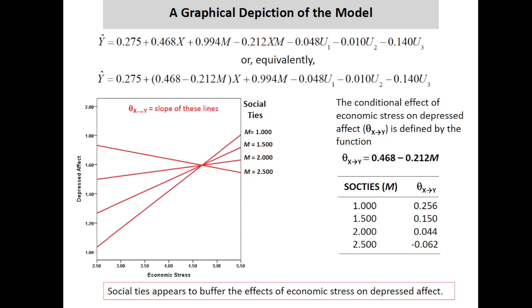Now notice there are 2 terms involving x in this model. So I'm rewriting this equation this way by grouping x and then isolating x. So I'm factoring x out of 2 of the terms. The reason why I do that is because this is that function I was calling theta xy. So theta xy, the conditional effect of x on y, is this function b1 plus b3m.